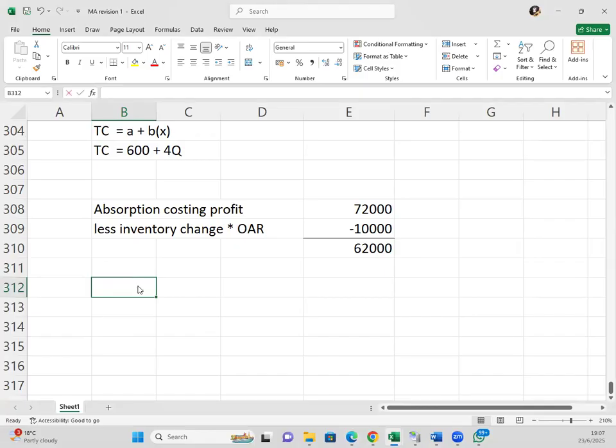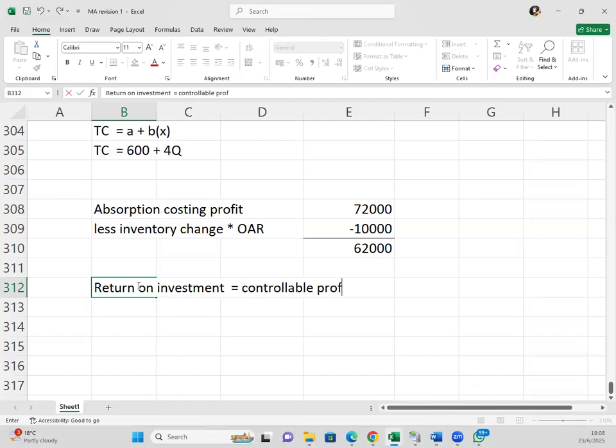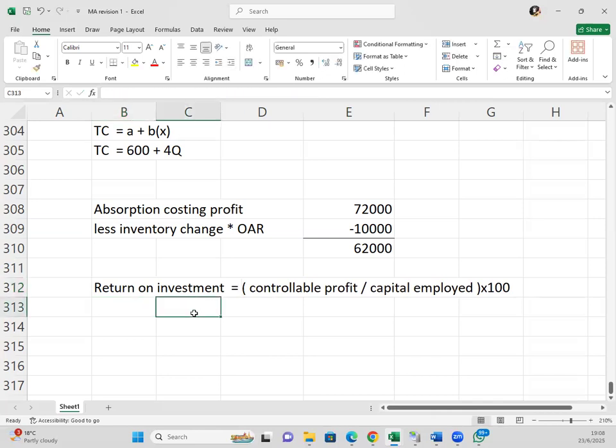For return on investment, we say the controllable profit over capital employed times 100. That's our return on investment.